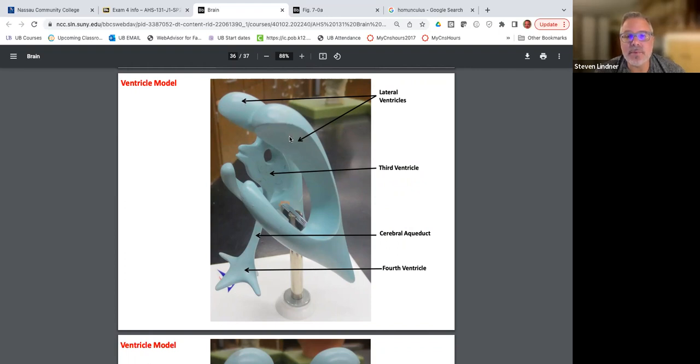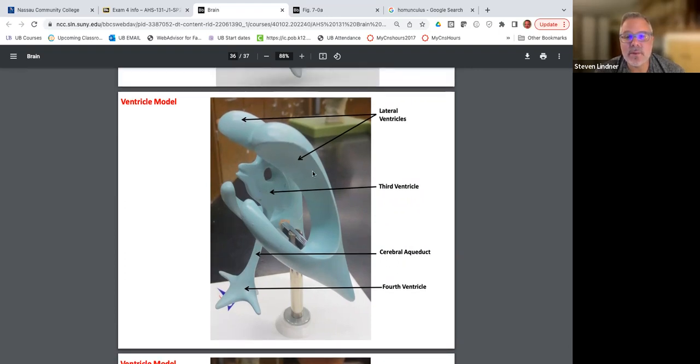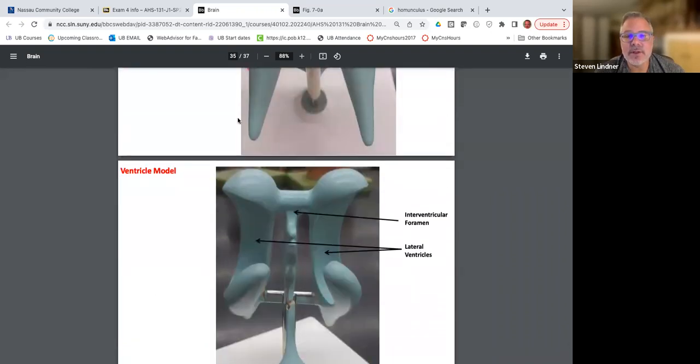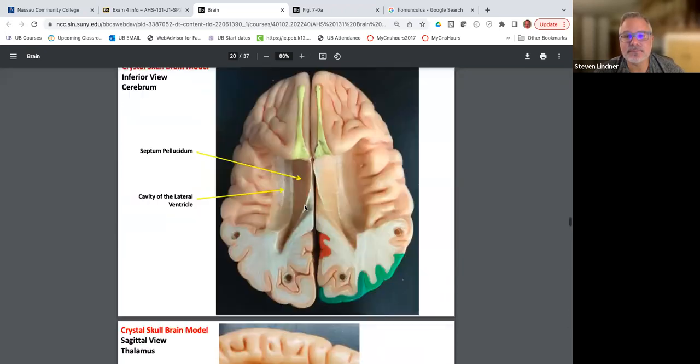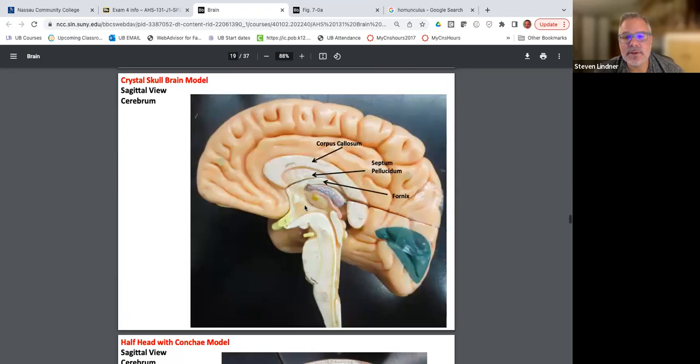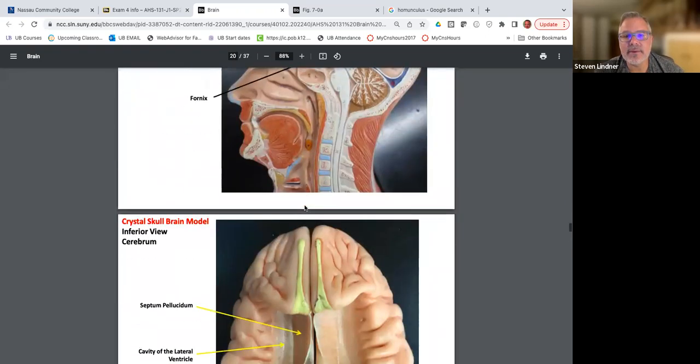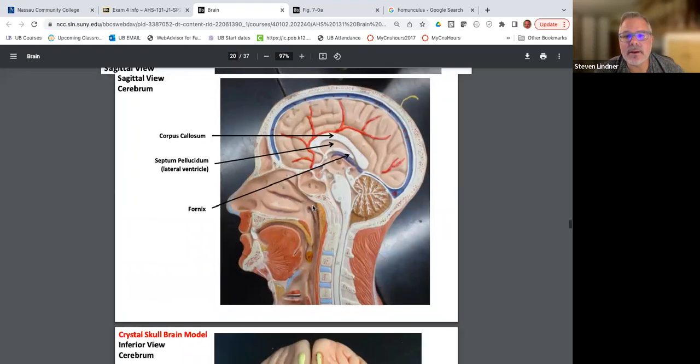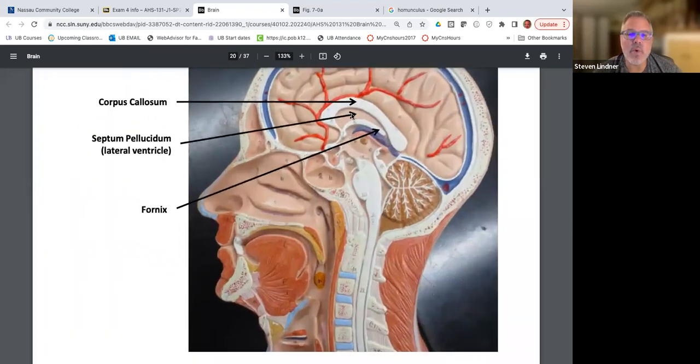These are in both hemispheres. One lateral ventricle is on the left side, the other is on the right side, right? But it's deep right in the center. So let me bring this back up now, so this will make a little bit more sense. So right here is the shape of where one of your lateral ventricles would be. And then here's the fornix, this other white strip.